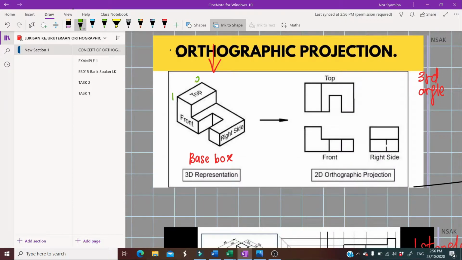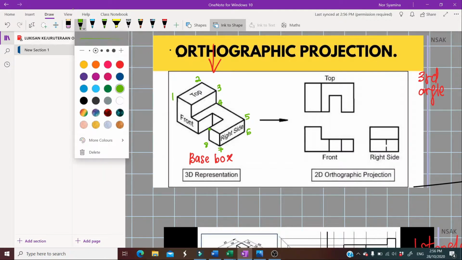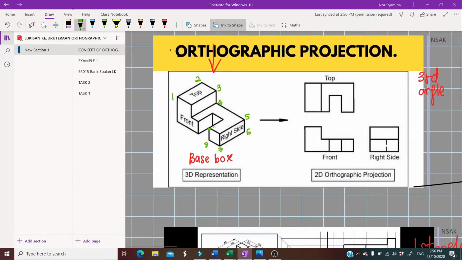Let's say this is point 2. I can label according to whatever you want. So from here, we're going to label each and every point. This is going to be 3, this is going to be 4, this is going to be 5, 6, 7, 8. This point here, I'm going to use a smaller pen. This is going to be 9.